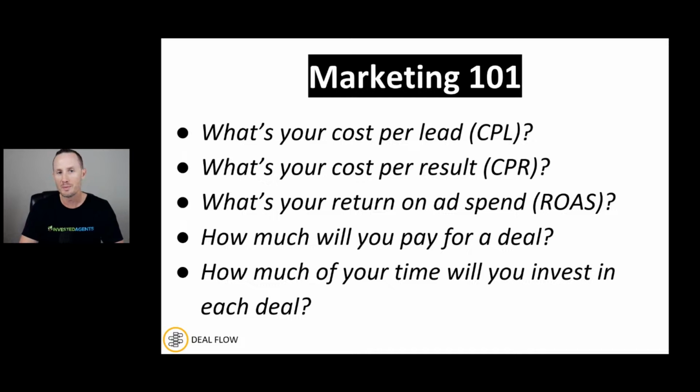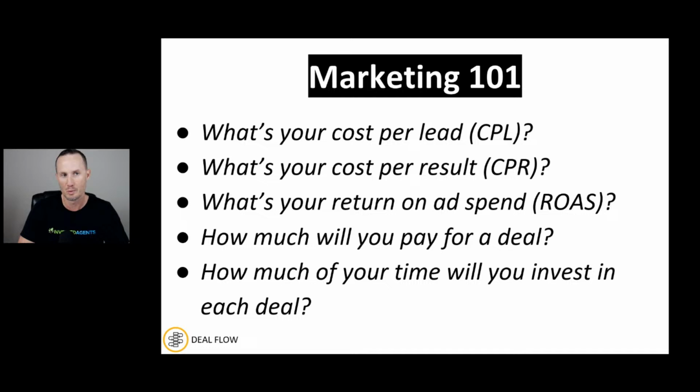Now, when marketing, there are a few important metrics you want to make sure you're tracking. These are also called KPIs, or key performance indicators. You may not know these today, but you should definitely know them moving forward in your business. First, we have cost per lead, or CPL, which is how much every lead is costing you.